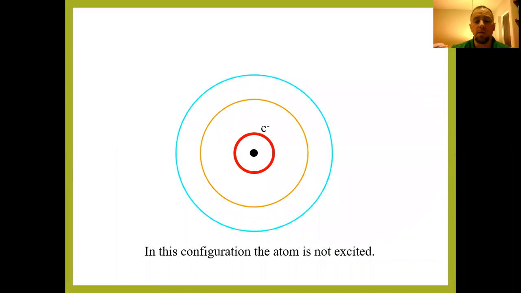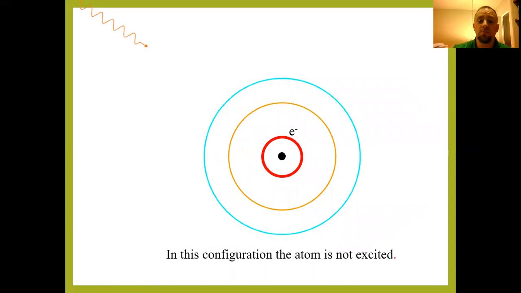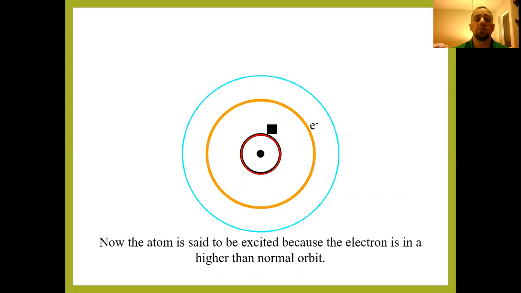So in this configuration, the electron is not excited. You have the electron in the ground state, a photon comes in, it's absorbed by the electron, and so now the atom is in an excited state because the electron has a higher than normal orbit.